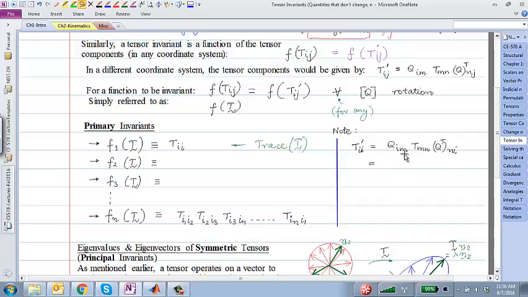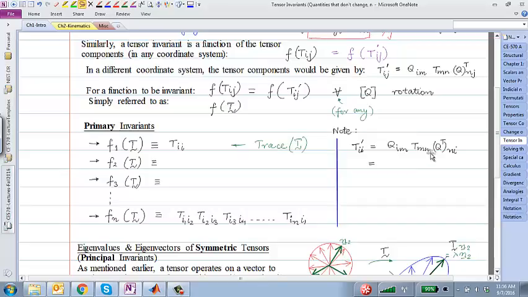So you should be able to see that this long expression right here, Qim Tmn Qni, essentially means a matrix multiplication of T with Q transpose and Q with the resulting matrix. And further, we are going to take the sum of the diagonals for the resulting matrix. That's what this means.